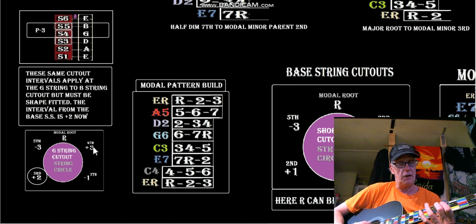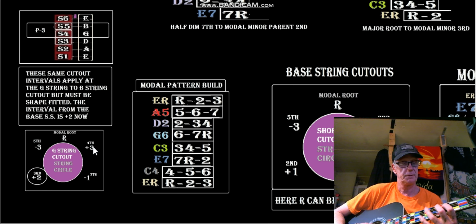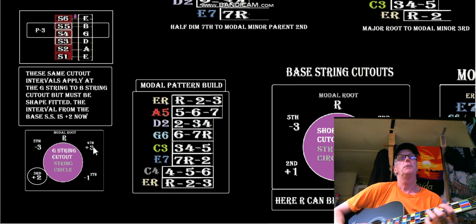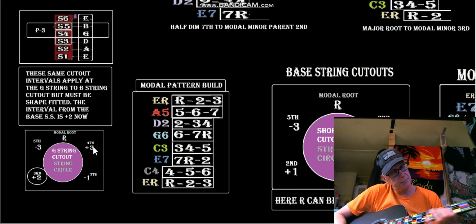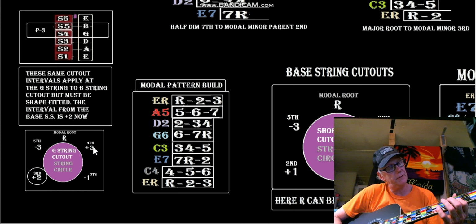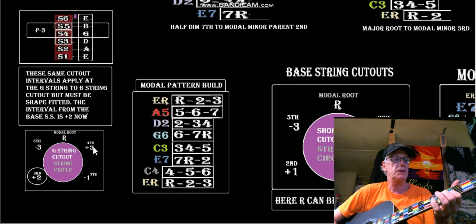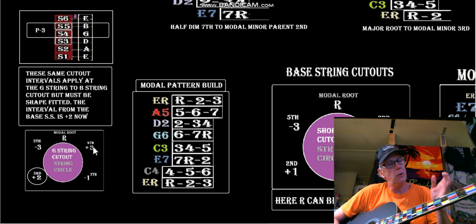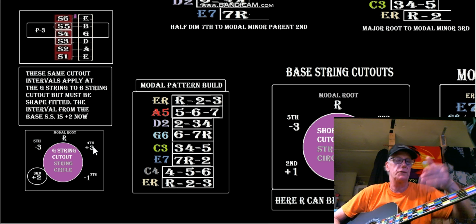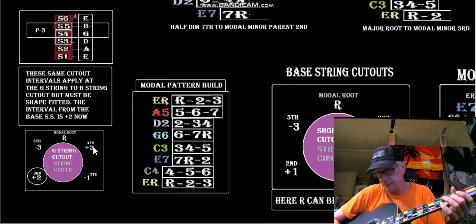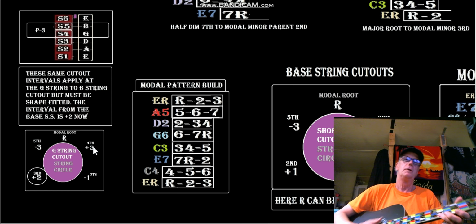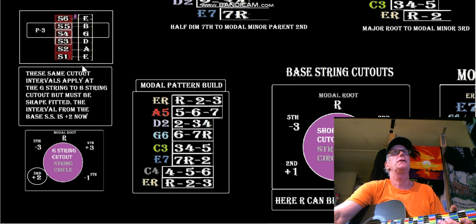So 5, 6, 7, but in this case it's half diminished, right? And what I'm saying is that still applies up here on string 4 to 5, but in the C box we don't go over because it's brought over for us. So that major third is right there for us. That's what that is saying.